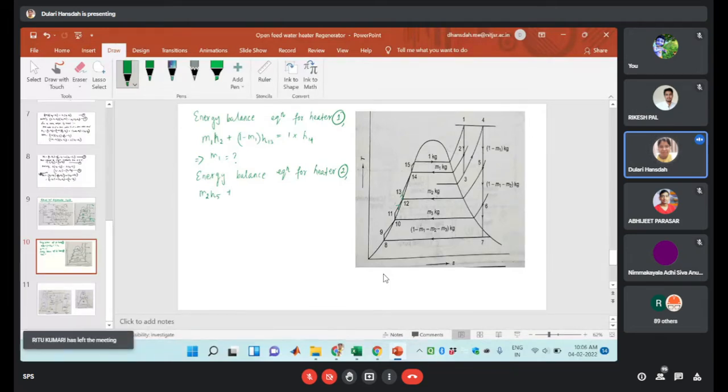So it will be 1 minus M1 minus M2 multiplied with H11 is equal to, here in this case, 1 minus M1. At this point M2 is added, so the outlet becomes 1 minus M1. So it will be H12. From this equation we can get M2.